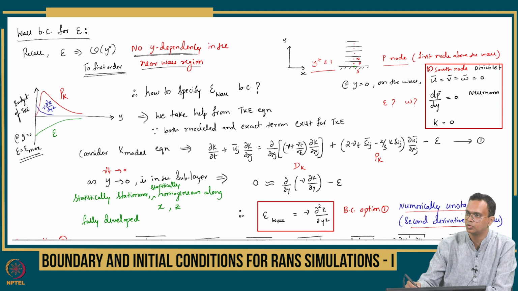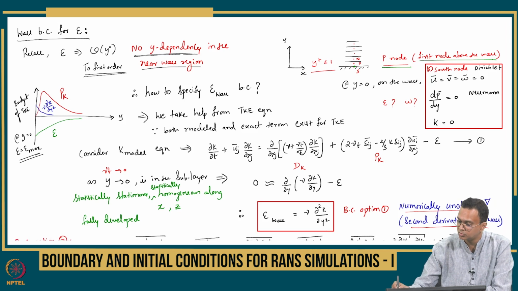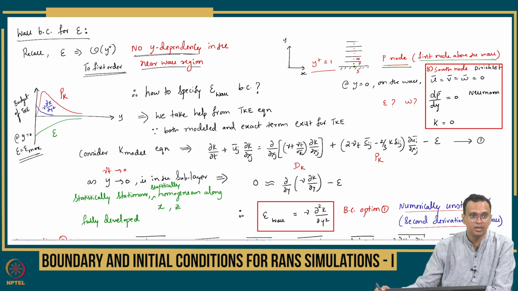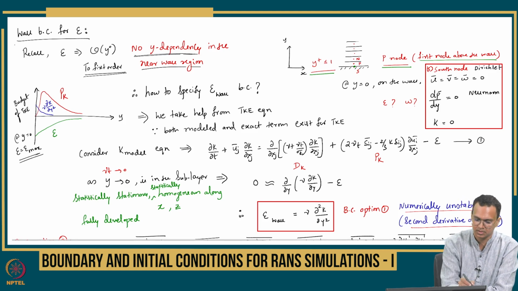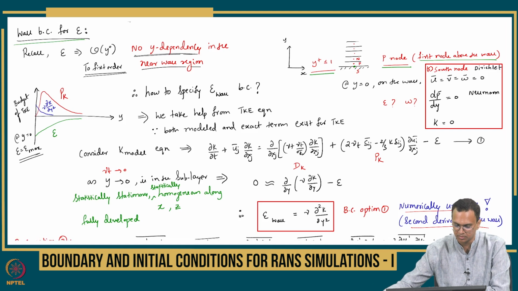Velocities can go to 0 exactly on the wall node, k goes to 0, you implement your Neumann for pressure, no problem, but the epsilon boundary condition is for the P node, first node above the wall. Don't implement epsilon boundary condition on the wall. It should be first node above the wall where it is y plus less than or equal to 1. Okay, this is important. That's the wall boundary condition for your epsilon.